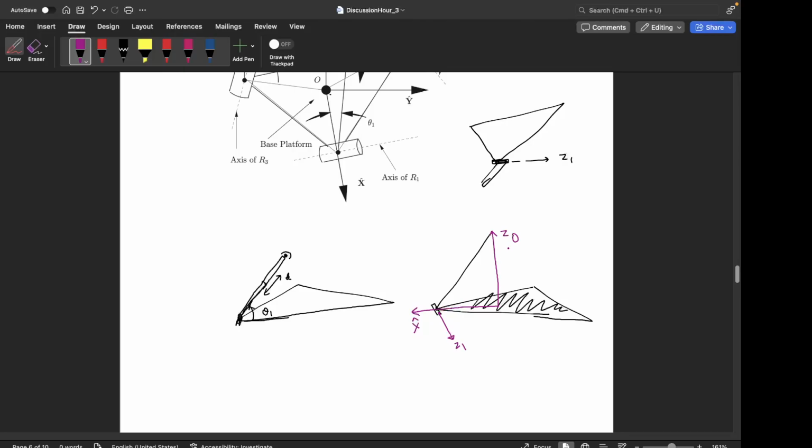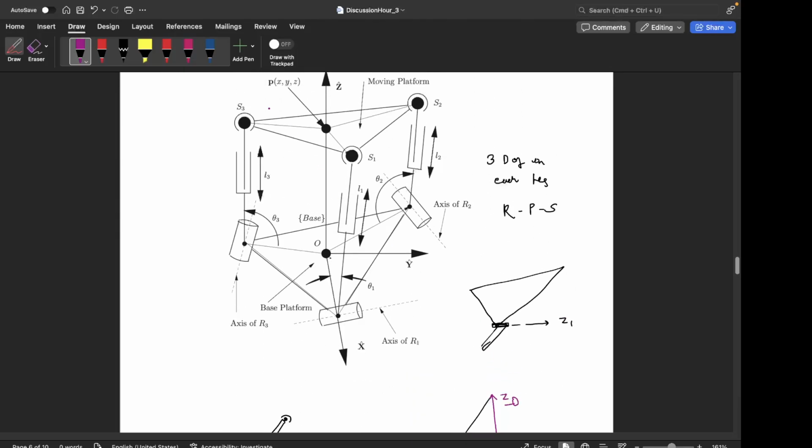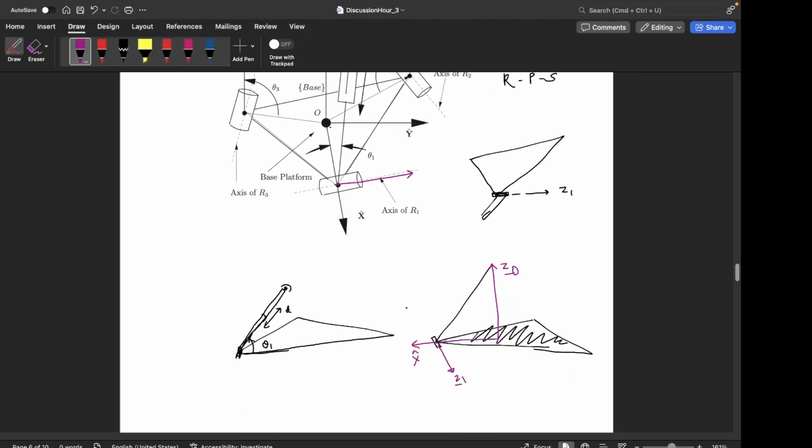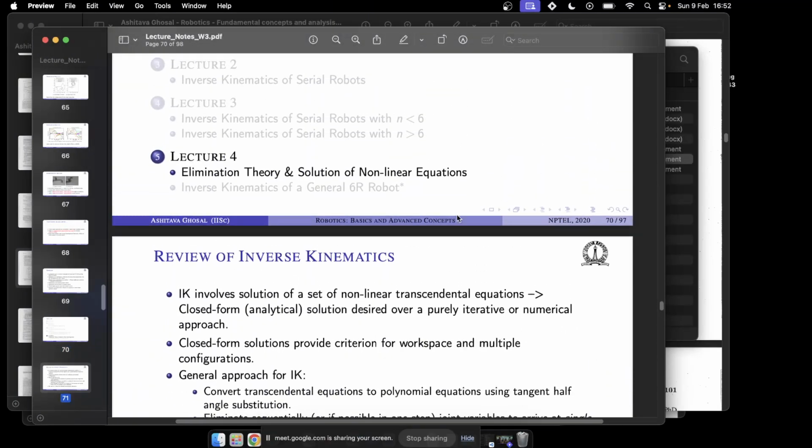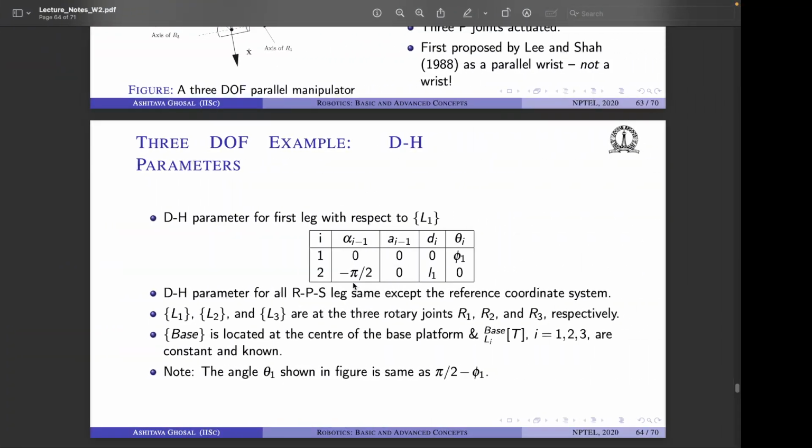I think the angle between the z up here and the z here should be minus pi by 2.